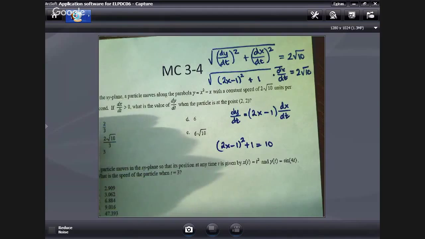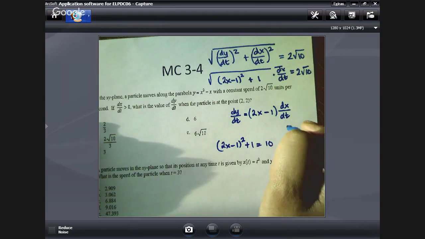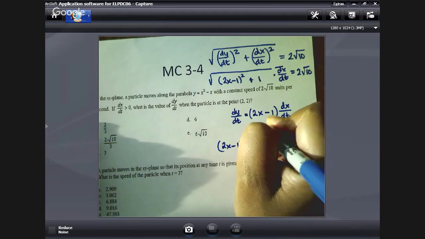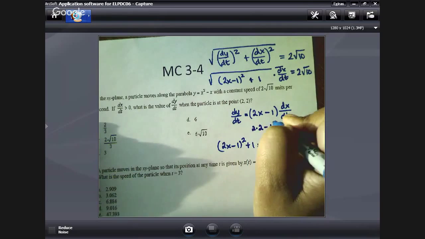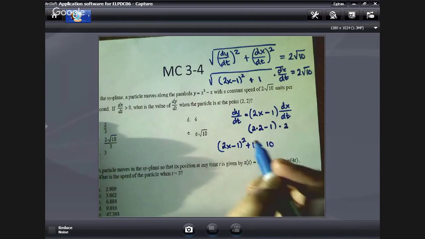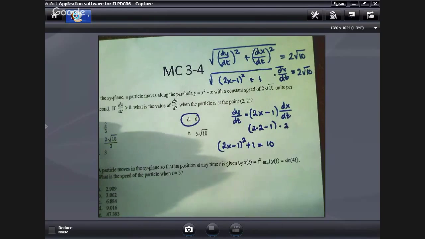Okay, so I want the value of dy/dt when this is equal to 10. So dx/dt is equal to 2, and this is 2 times 2 minus 1. That'll be 3 times 2, which is equal to 6.